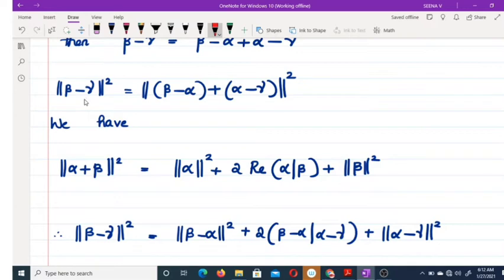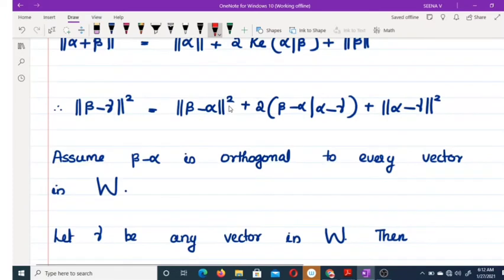Okay, so norm of beta minus gamma square is equal to norm of beta minus alpha square plus 2 times real part of inner product of beta minus alpha and alpha minus gamma plus norm of alpha minus gamma whole square. We are using this result here. Clear? Hope it is clear.